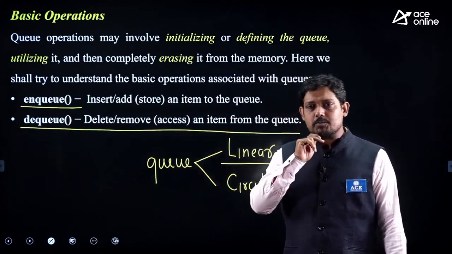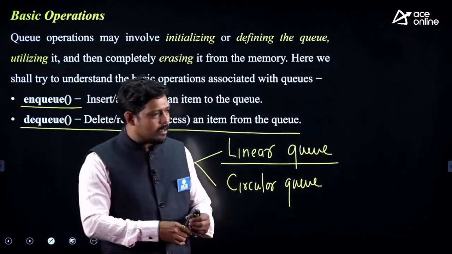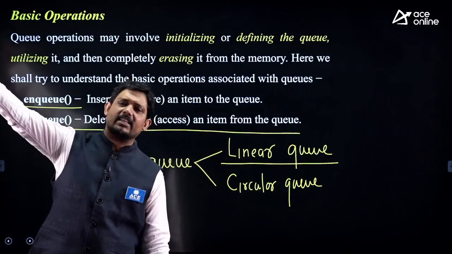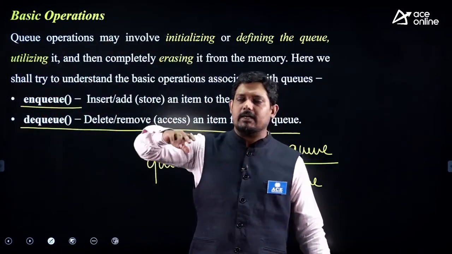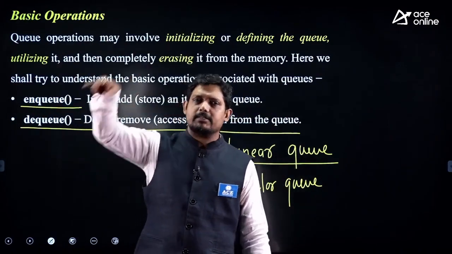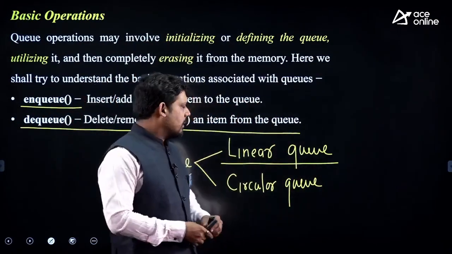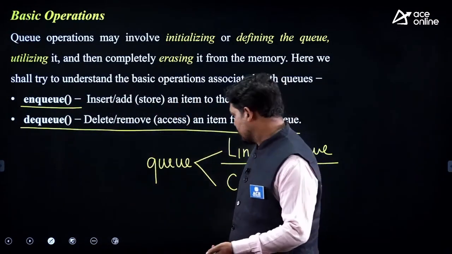To overcome this, a circular queue is maintained, so that if you reach the last position, it is a logical array only, but logically we connect the last end to the front end. So whatever the disadvantage of the linear queue, it is overcome in the circular queue.